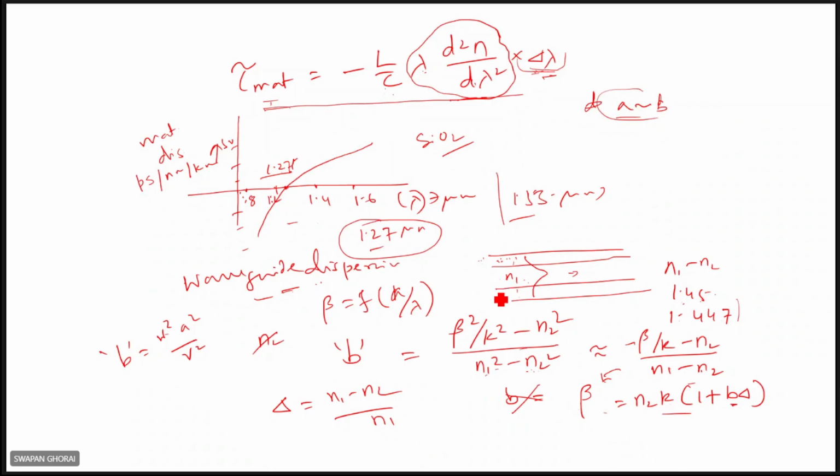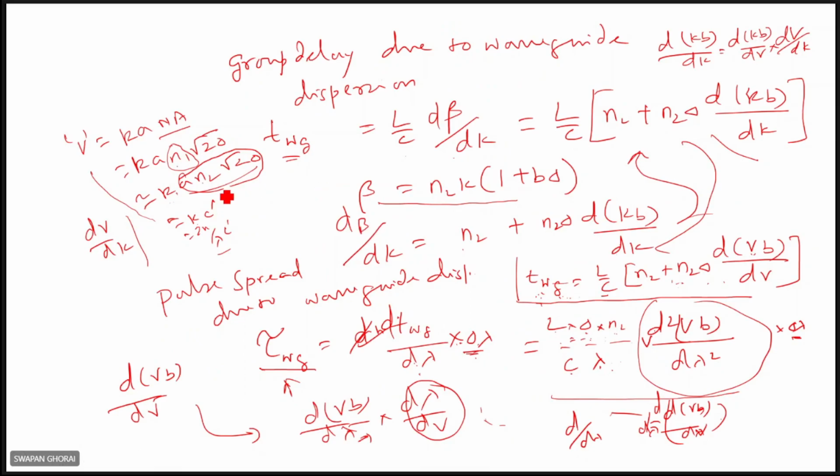So we have expressed all the relations in terms of n2, which is independent of lambda. Right. That's what we have seen in the normalized propagation constant. It is expressed in terms of n2, and the V number is also expressed in terms of n2.